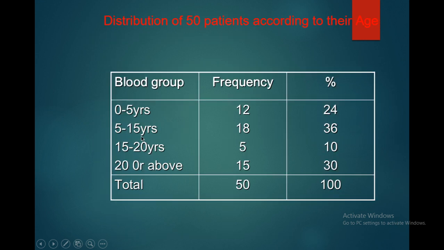For quantitative variable, we put this table where there are 12% having age 0 to 5 and 18% having age 5 to 15, and 10% students with age 15 to 20. The percentages are roughly given, so don't consider the percentage according to these values.